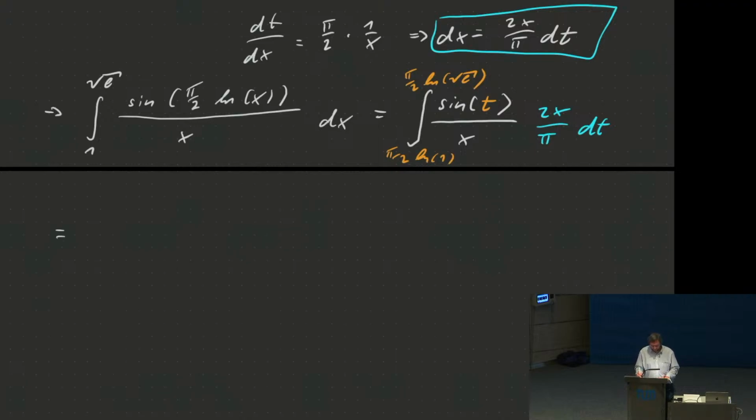Okay, going on with that. So let's take out all the constants before the integral. This is 2 over pi. The x cancels out. I'm left with an integral over sine of t dt. And for those bounds, obviously the ln of 1, this one here, this is 0. So that's easy. For this expression here, ln of square root of e.